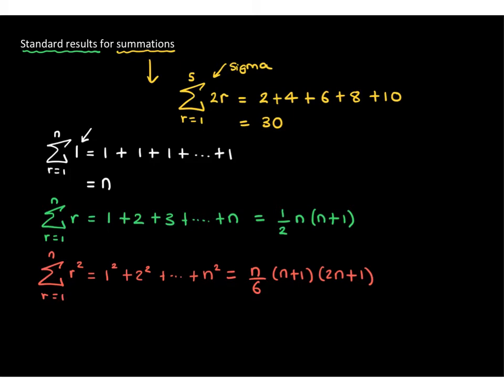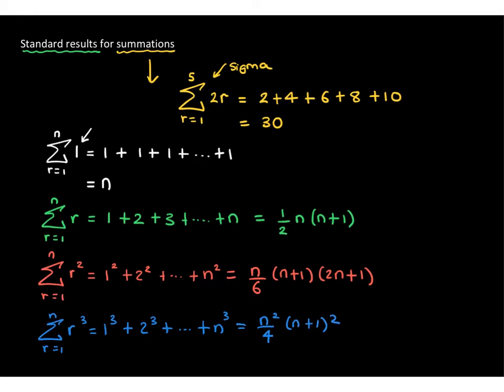And the last standard result that we will cover is if we're adding together the cube numbers all the way up to n cubed. And this is given by n squared over 4, n plus 1 all squared.